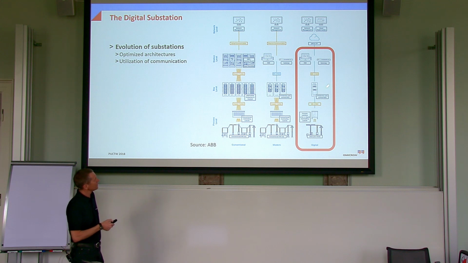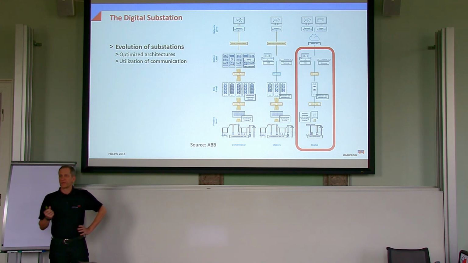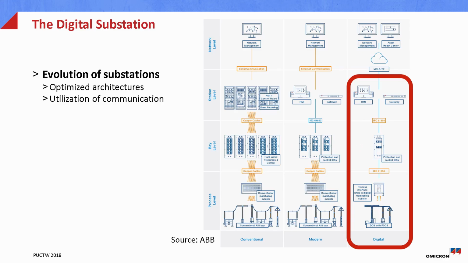And here we have not only what we often call the station bus, we have also communication down to the process level, where we digitize the information about the voltages and currents from the process as soon as possible, send it over a protocol to the bay level, actually thinning out the bay level by this, and communicating this up to the station level, and maybe once we will also see it going up to the network level by 61850.